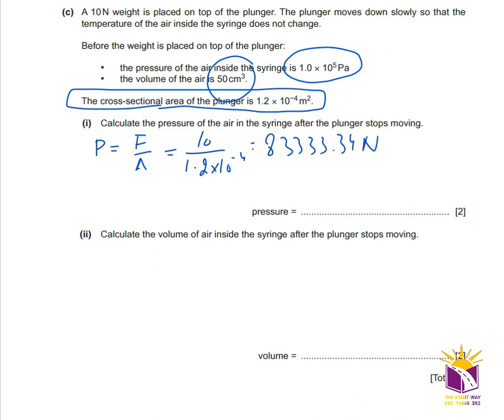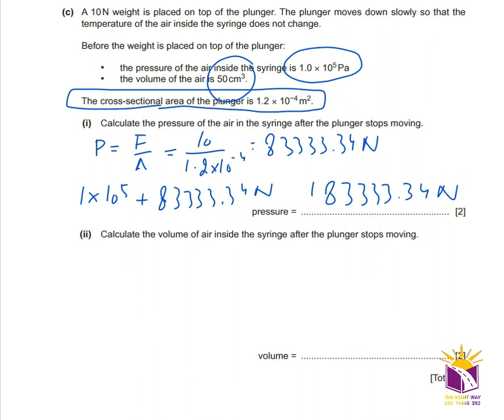Now the total pressure inside will become 1 times 10 raised to power 5 plus 83333.34. By adding these we get 183333.34 Pascals. The unit of pressure is Pascals.